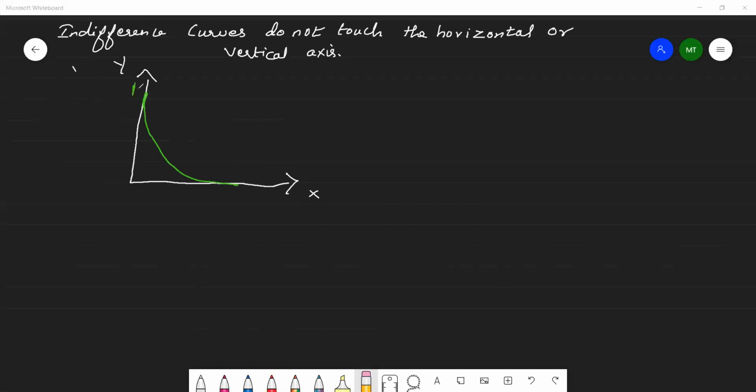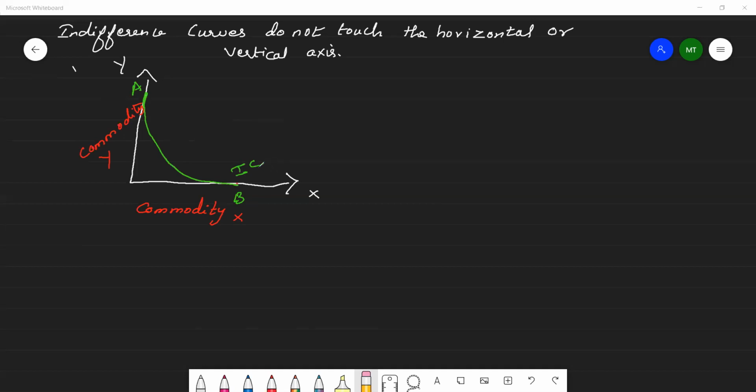So it's A, then it's B. This is our IC. It's commodity X, commodity Y. The IC changes. That's all.